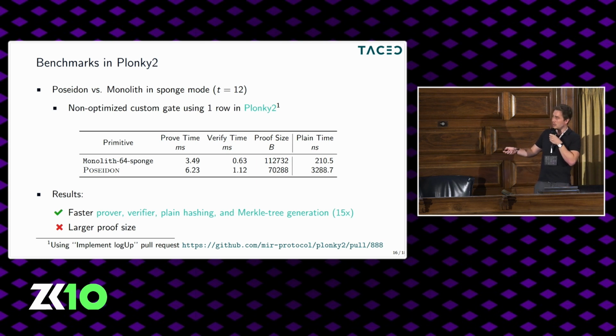We will say, especially with the combination of the faster prover and verifier, that Monolith significantly outperforms Poseidon in this setting. And this plain performance obviously also carries over when we want to create a Merkle tree. So building a Merkle tree with Monolith is 15 times faster than building a Merkle tree with Poseidon here.